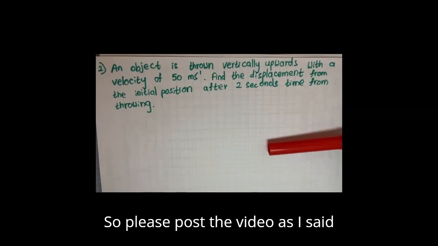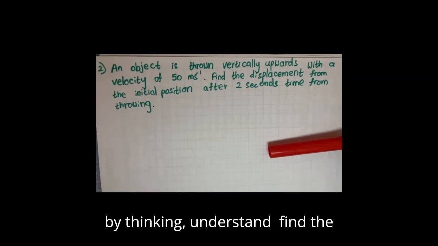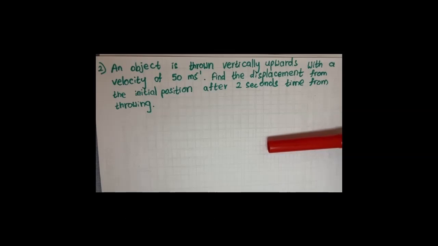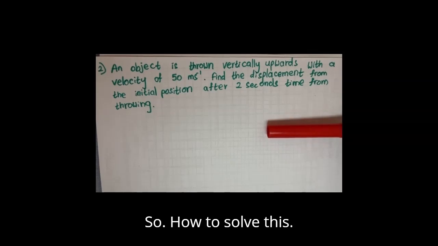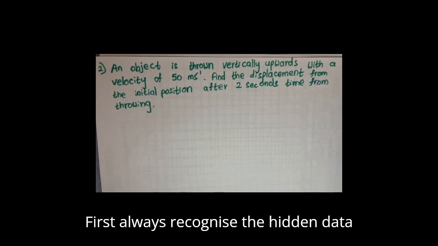So first pause the video, as I said earlier, and without writing anything, only by thinking, find the equation necessary to solve this question. So how to solve this? First, always recognize the hidden data here.